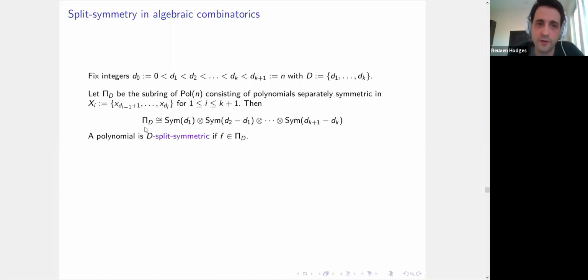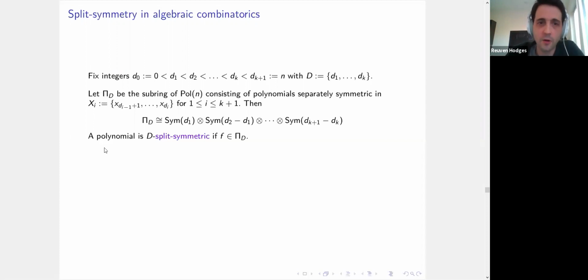It's not too hard to show that Pi d is isomorphic to a tensor product of symmetric polynomials. Sym d1 is polynomials symmetric in variables x1 to xd1, and then Sym d2 minus d1 are polynomials symmetric in variables xd1 plus 1 up to xd2, etc. That is what these Pi d's look like.